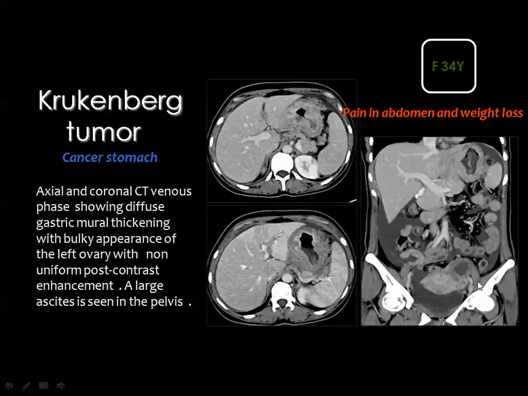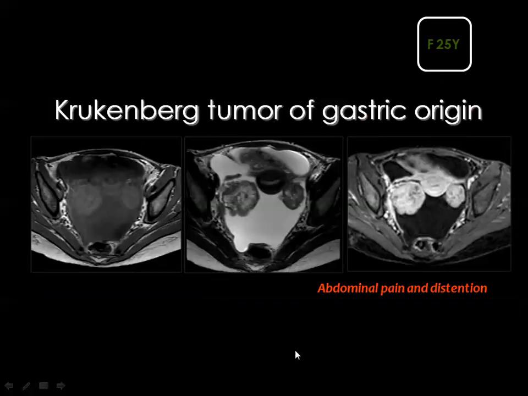And in the pelvis, you see a mass which is partly cystic and partly solid in the left ovary, diagnostic of ovarian Krukenberg tumor. You can also easily see the presence of ascites. And this is the classic appearance of Krukenberg tumor: bilateral ovarian masses, and these masses are almost solid.